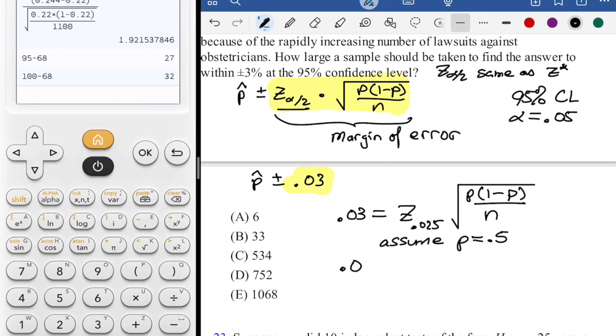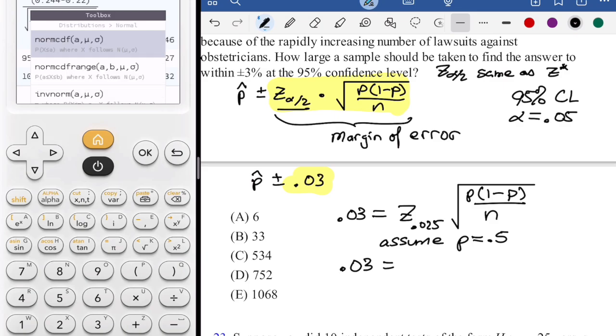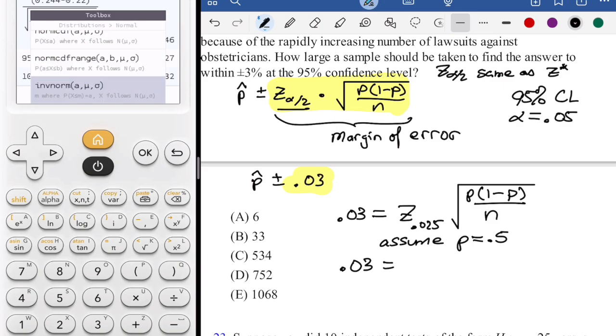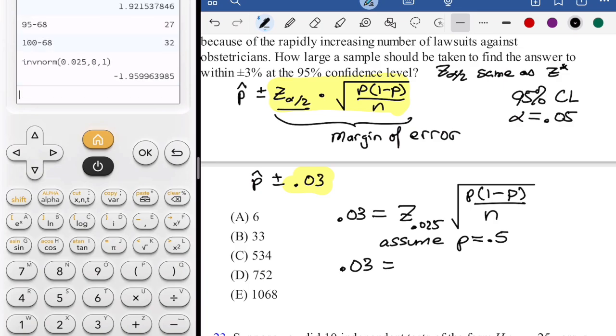So I have 0.03 is equal to the Z sub alpha over 2, which I can get from my calculator. Probability, distributions, normal, inverse norm. When you're given a percentage, you use inverse norm to return the particular value, in this case a Z-score. I'll drop the negative and just go with the 1.96.